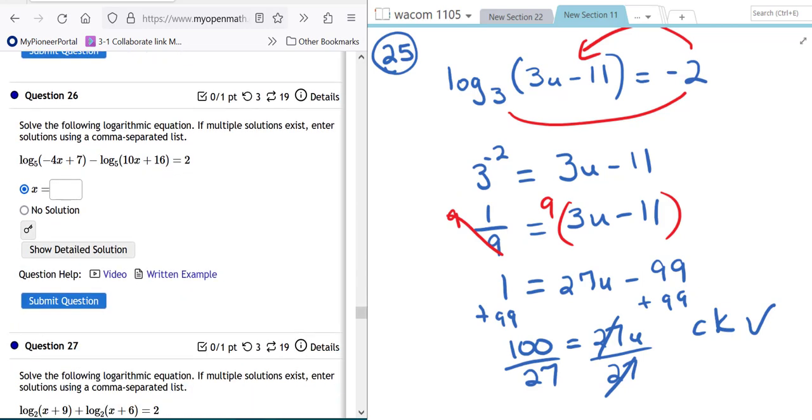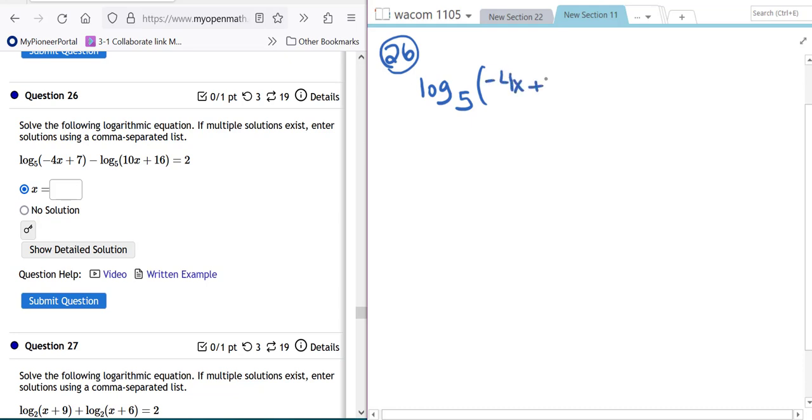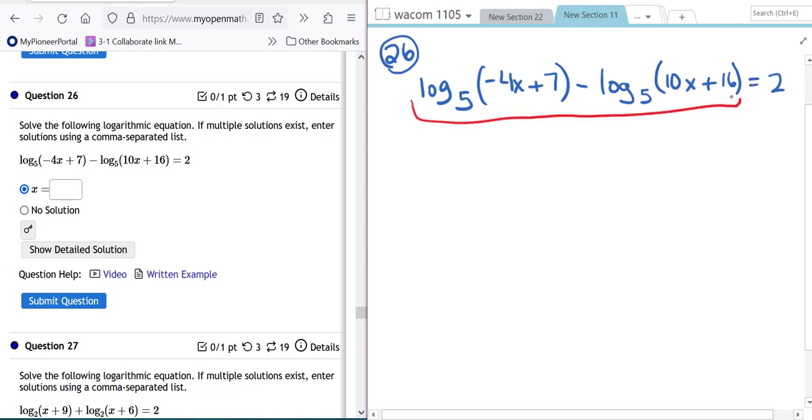All right, this one has 2 logs. They are on the same side of the equation, so you can condense. This is why you learn to condense. So these two are going to go together. It's a difference of logs, so it's going to be the log of a quotient.